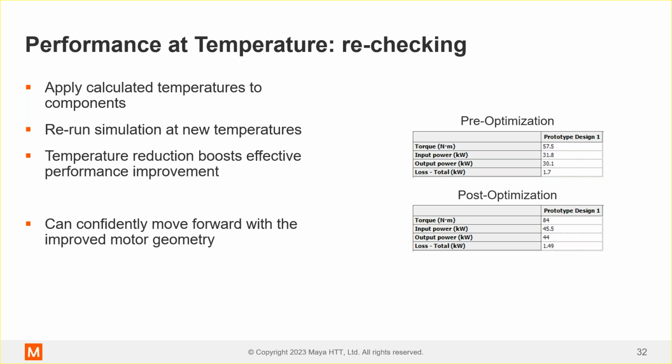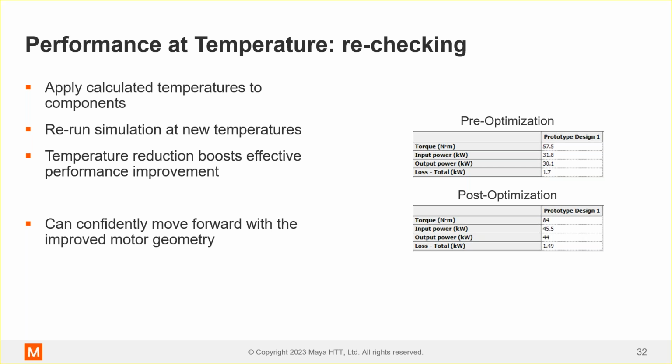And MotorSolve has material information to know how material properties change with temperature in the vast majority of its material library. This allowed us to evaluate the design, not just how our geometry improved it, but how the improved geometry led to reduced losses, leading to cooler temperatures, which in turn also lead to increased performance. So we reran the simulations at the tested temperature.